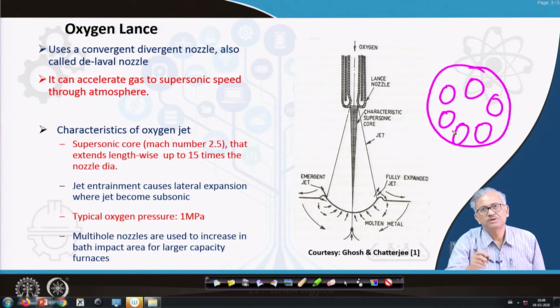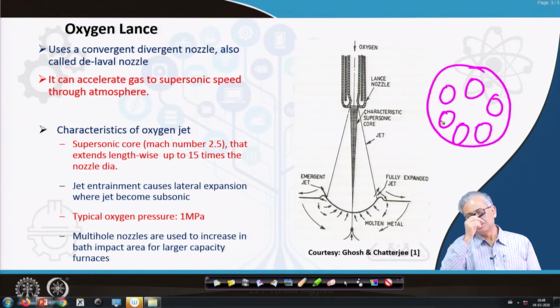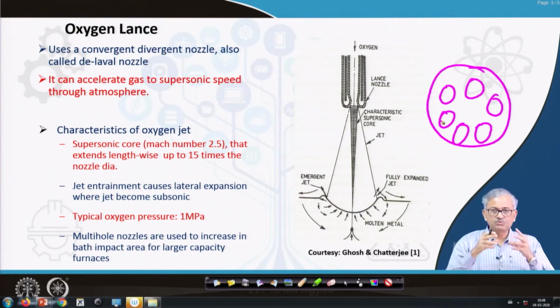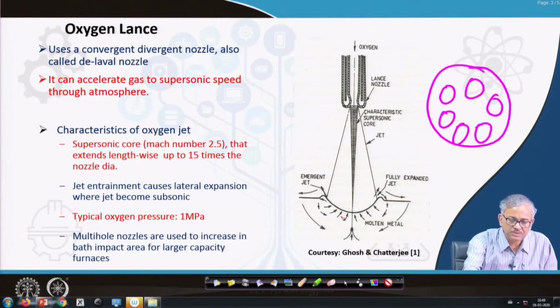So, these are all convergent divergent nozzles, 1, 2, 3, 4, 5, 6. Suppose 6 convergent divergent nozzles are there, and they are configured in such a way that they do not overlap with each other, because they will be independent, and then they increase the total impact area of the bath. A single nozzle has this much impact area.